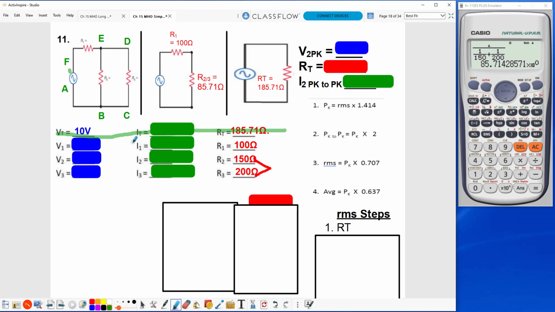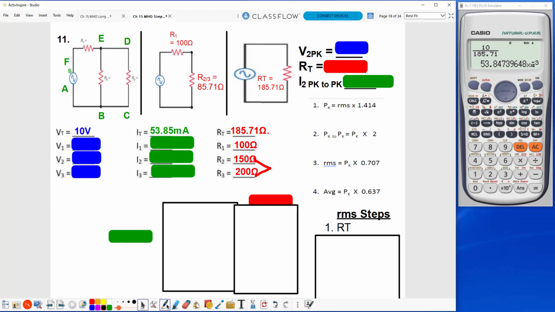So I see that I do have VT and RT, so I can solve for IT. IT would be equal to the 10 volts over 185.71, giving me a total current of 53.85, rounding the second number after the decimal place, milliamps.